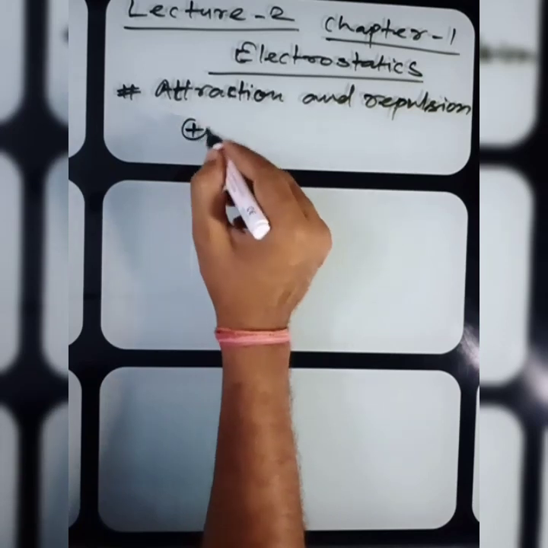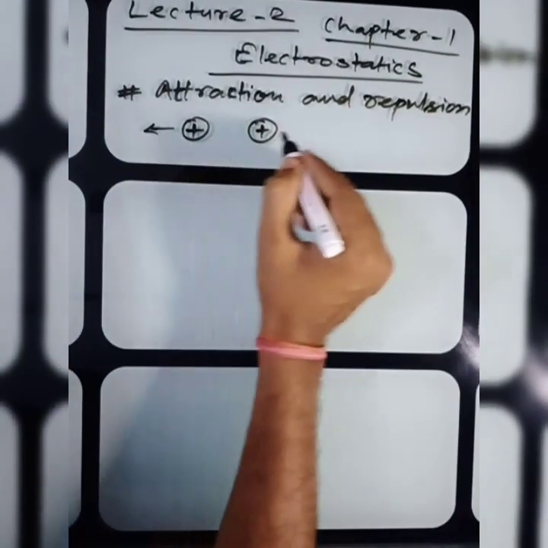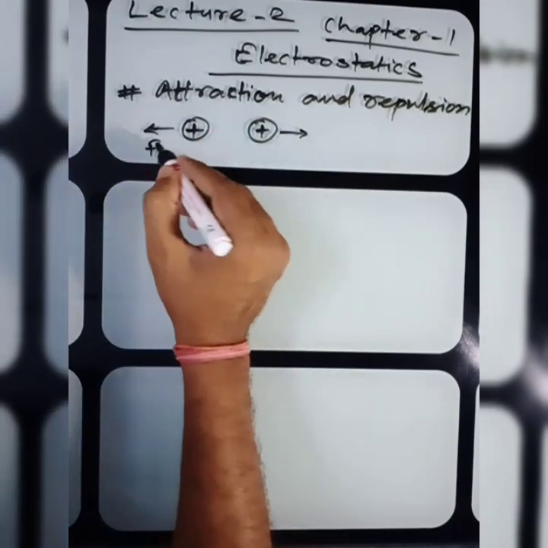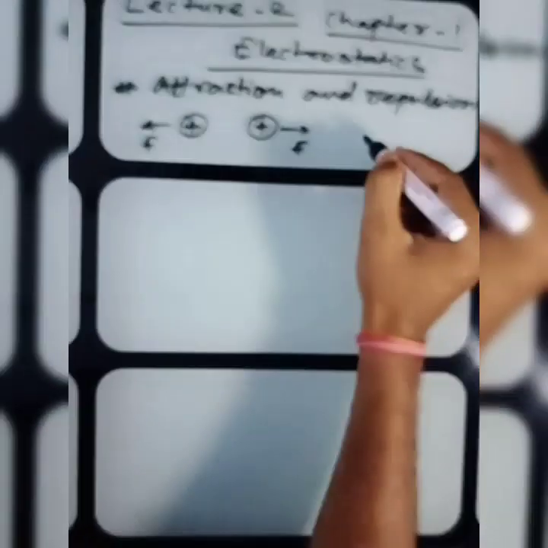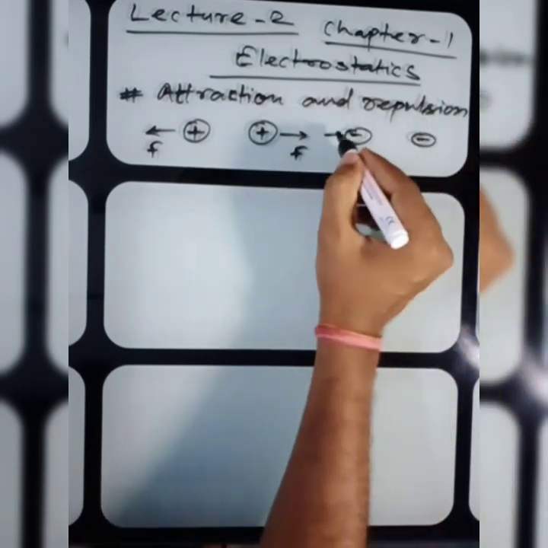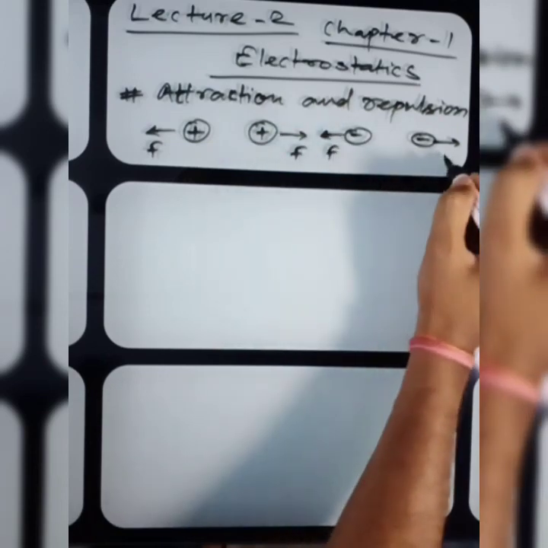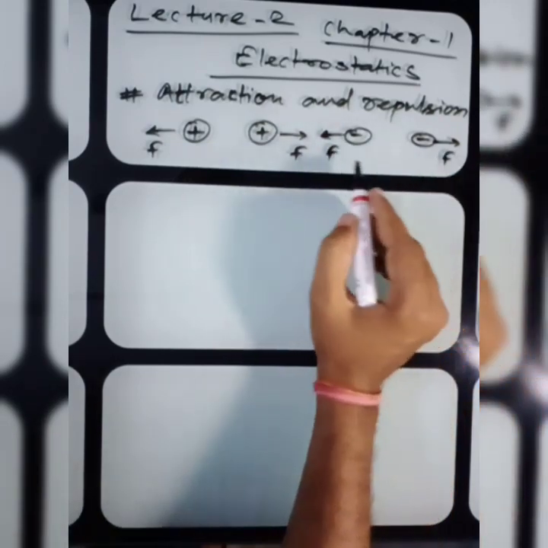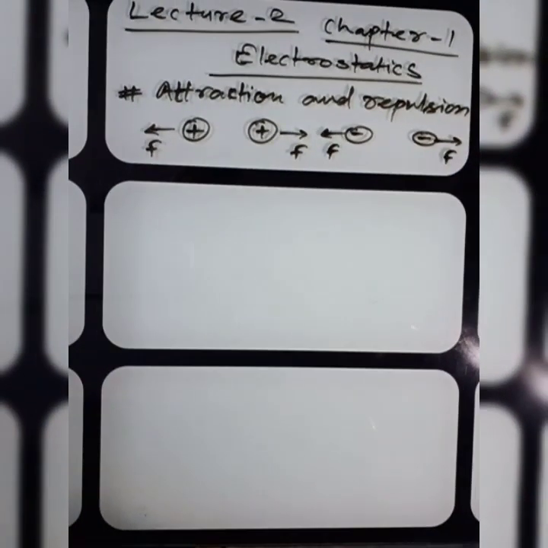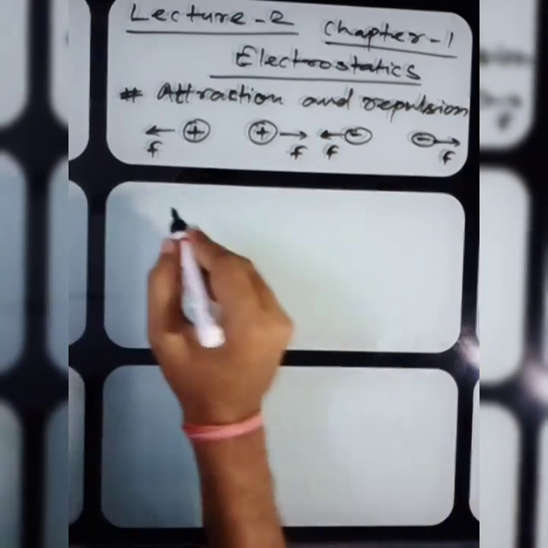Two like charges repel each other with some electrostatic force. Again, they will repel each other with electrostatic force. What will be the amount of force, that is the magnitude of force? It will depend upon the magnitude of charge and separation. We will discuss later on as Coulomb's law.